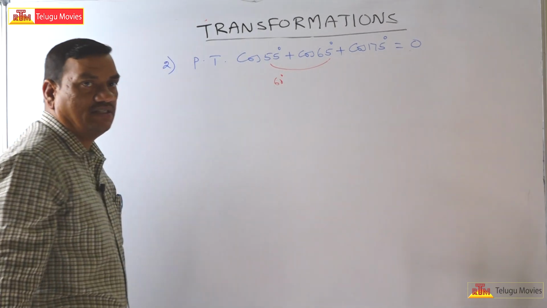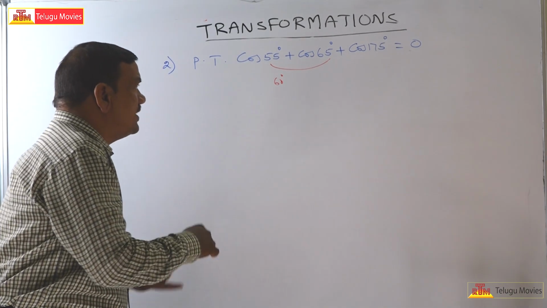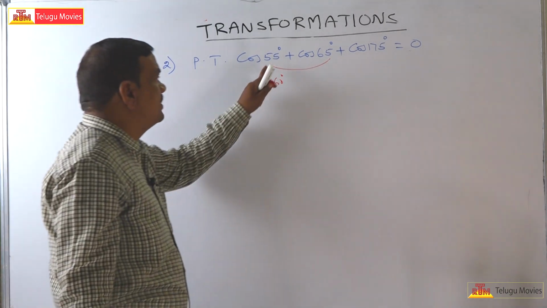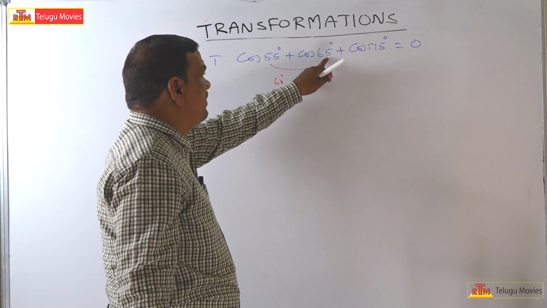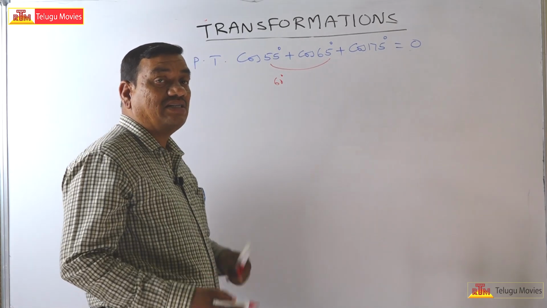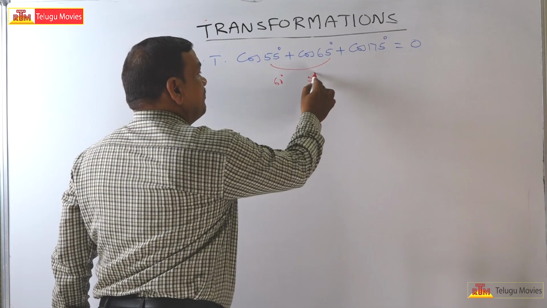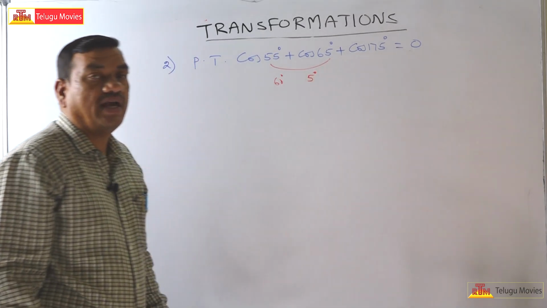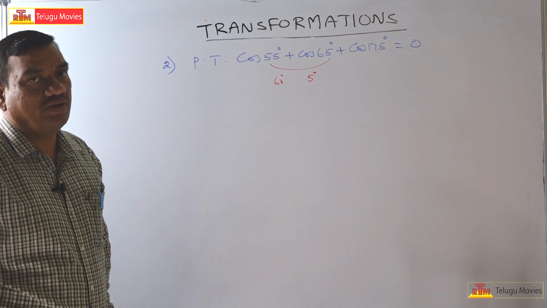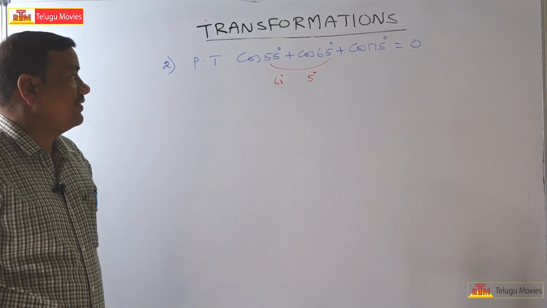Cos 60, yes, easy, we can get the answer. Then cos (C minus D) by 2, that means 55 minus 65 is minus 10, minus 10 by 2 means minus 5, so cos 5. Can I get the value of cos 5? That is somewhat difficult.